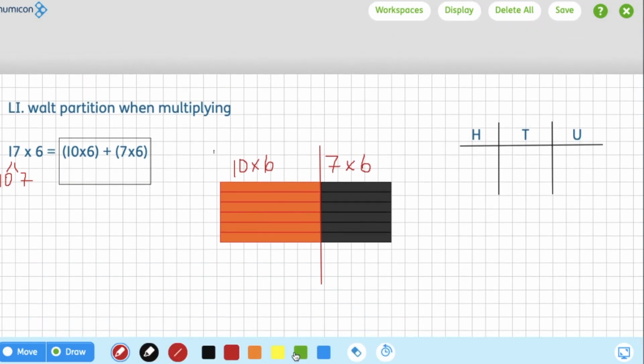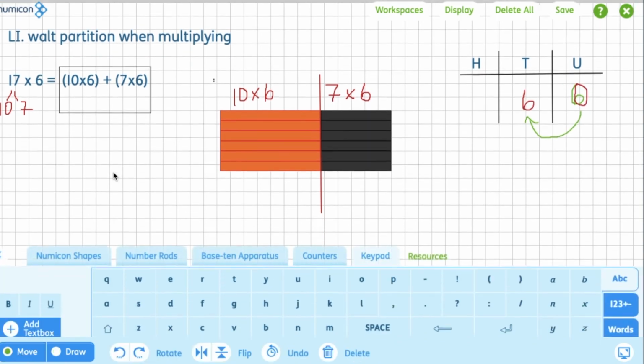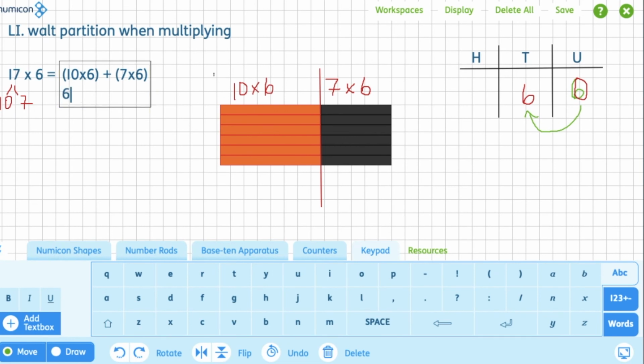If I've got 6 units, which is what I'm starting with, and I'm multiplying it by 10, I'm just scooting everything over one column to the left, so I end up with 6 tens instead of 6 units, and I have 0 as a placeholder. So I've got 60, and then 7 times 6 is 42, and 60 plus 42 is 102. So 17 times 6 ends up being 102.